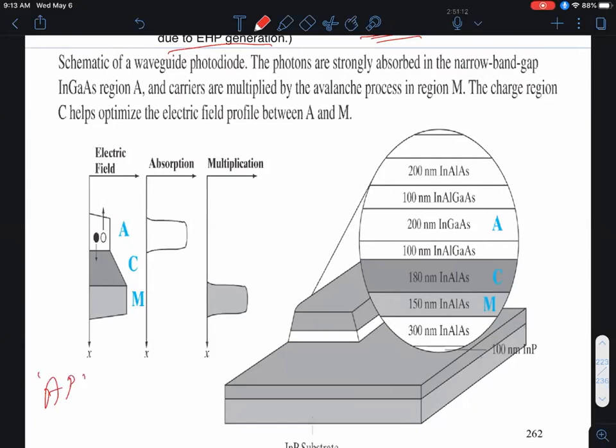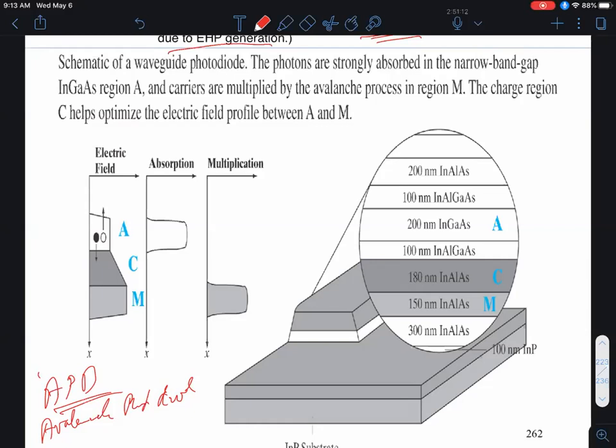An Avalanche Photodiode, or APD, is a structure where you can get gain, okay? In other words, you can get electron hole pairs which are more than the number of photons that are absorbed. How is that possible?